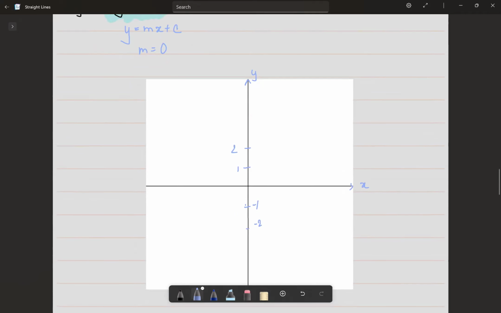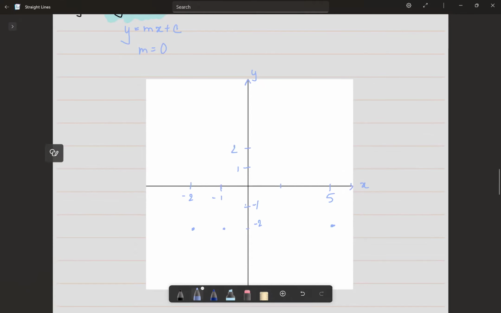So whatever points of x we consider, if for x is equals to 1, our value of y will be minus 2. For x is equals to negative 2, our value of y will also be negative 2. For x is equals to 5, our value of y will again be negative 2. So whatever value of x we take, our value of y has to be fixed. So we can understand that this will always be a horizontal line.